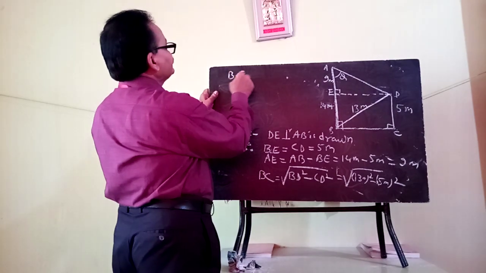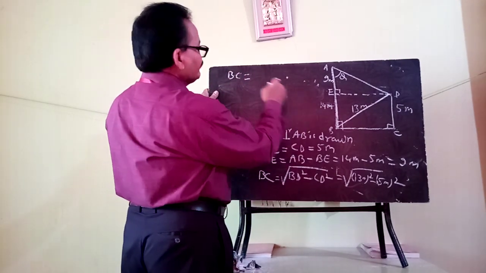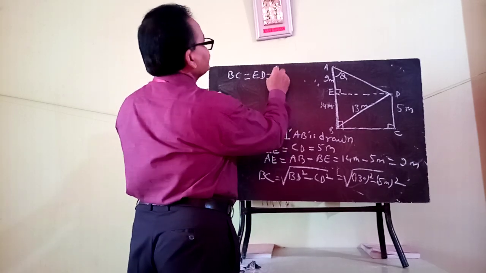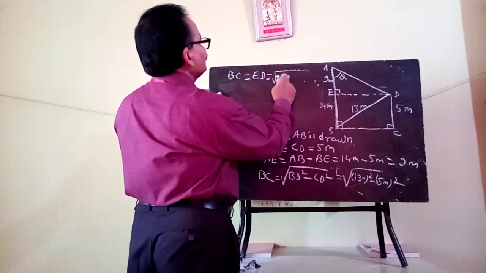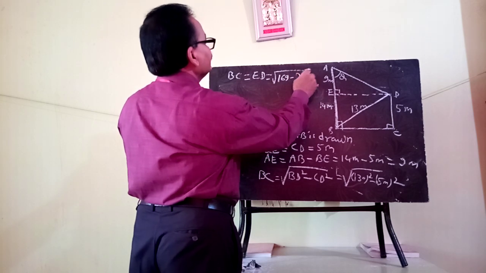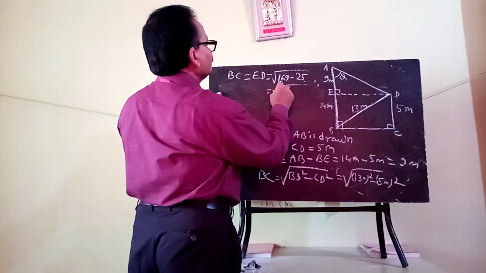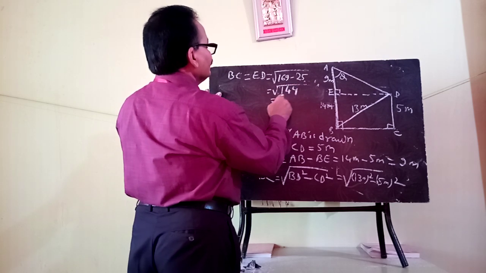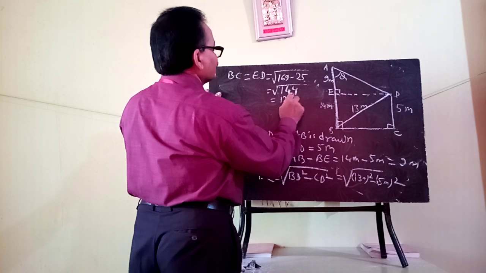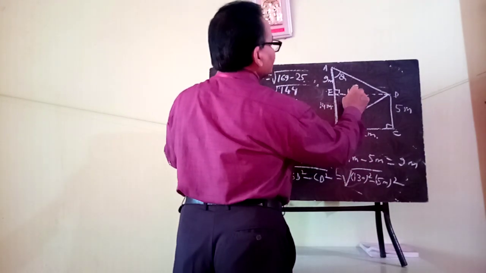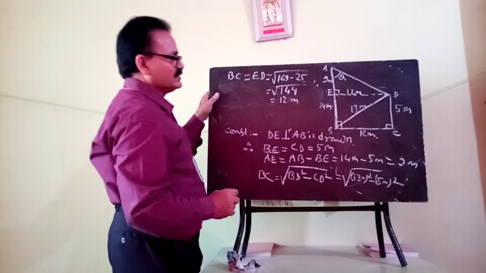So BC equals ED equals square root of 169 minus 25, which is the square root of 144, that is 12 meter. So this part is also 12 meter.